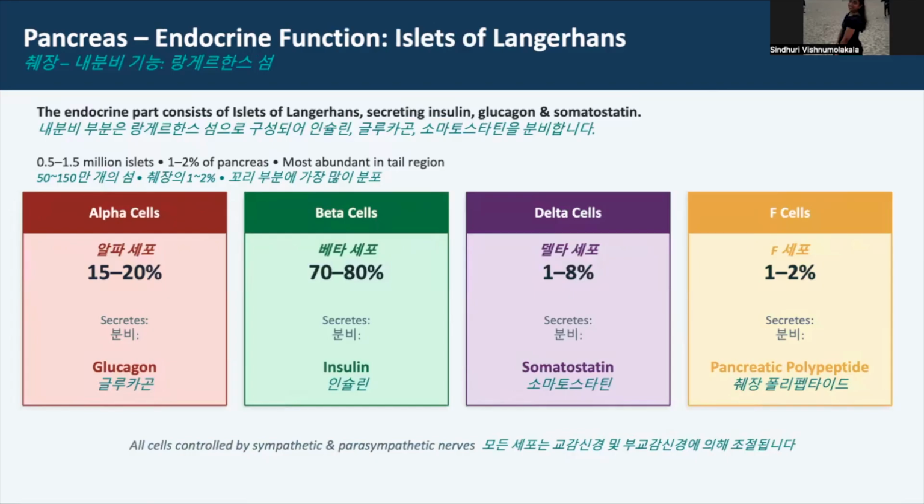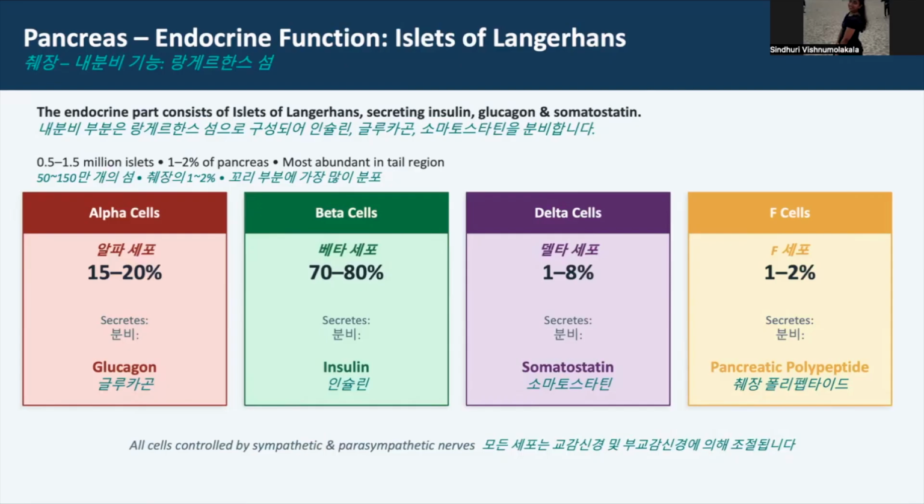So first, let's understand the endocrine function of the pancreas. Out of the whole pancreas, only 1 to 2% of the pancreatic weight is the islet cells, or in other words, endocrine cells.